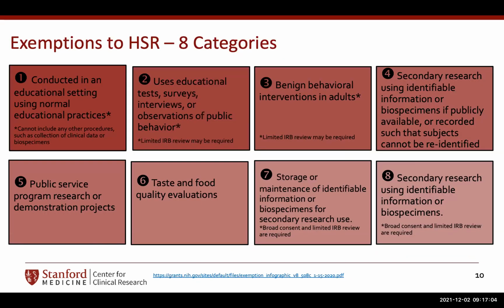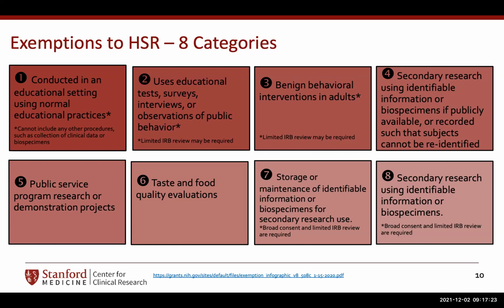Okay, so let's talk for a few minutes about some of these exemptions to human subject research. There are 8 categories. The first is if research is conducted in an educational setting using normal educational practices. So if you're doing a new educational intervention, that would be considered human subjects research.